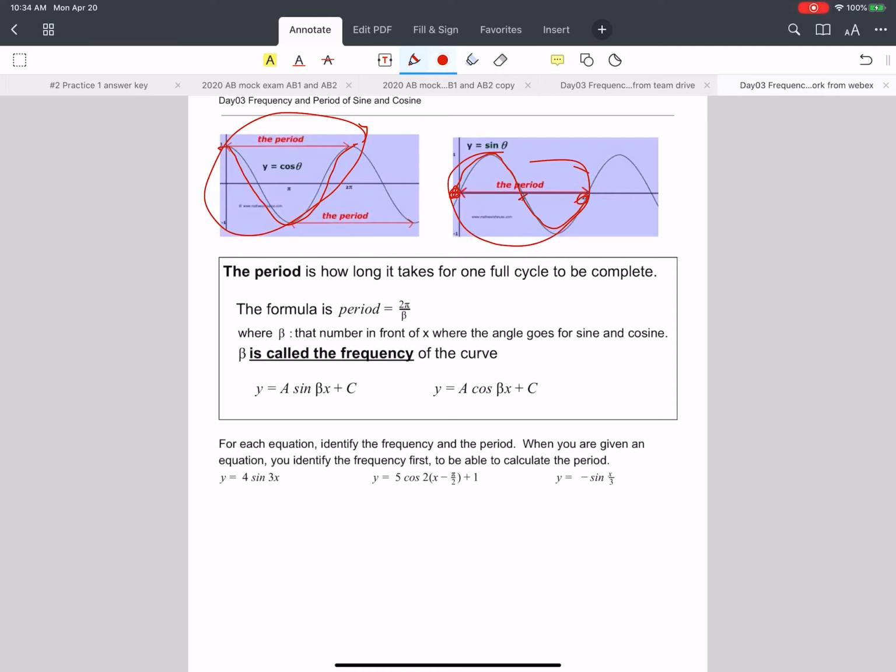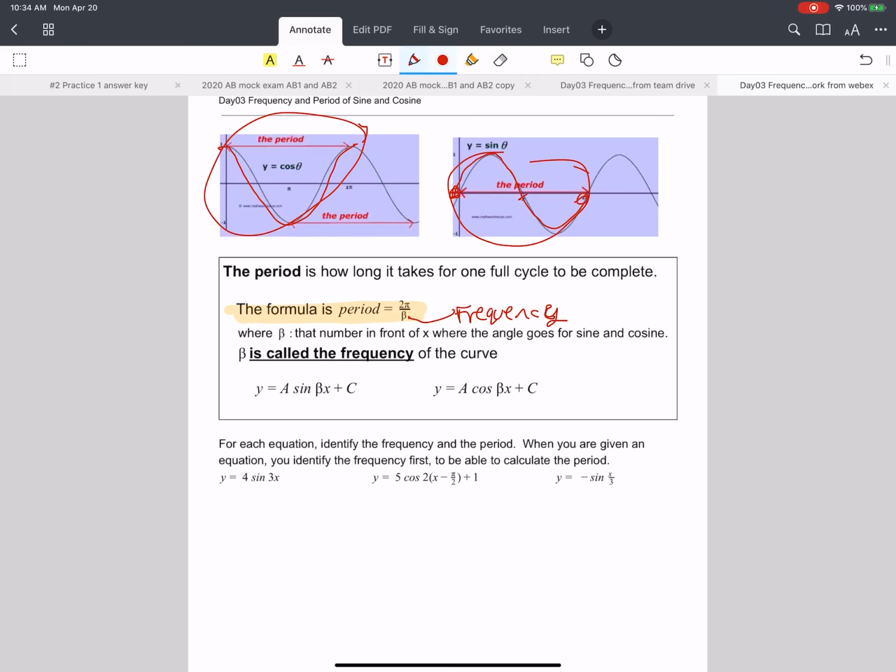It actually has a formula. This is the formula. It has a little b that looks like a weird b. It's called beta, but that little beta there is called the frequency. So I can't really talk about period without talking about frequency.